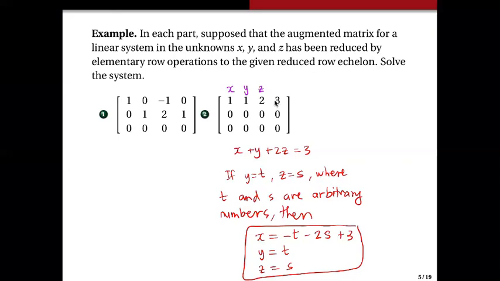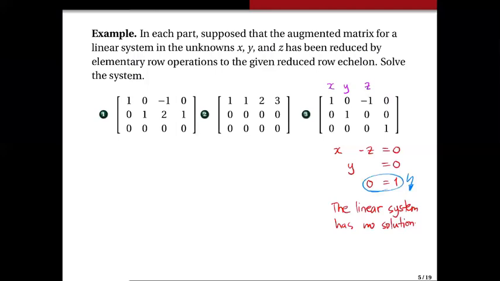But it's fine because we only have this one equation, which means that we can just write one of the variables in terms of the other two variables, just like what we did in here. From here, we can write x in terms of y and z. And then we replace y and z with the parameters t and s to get this general solution.